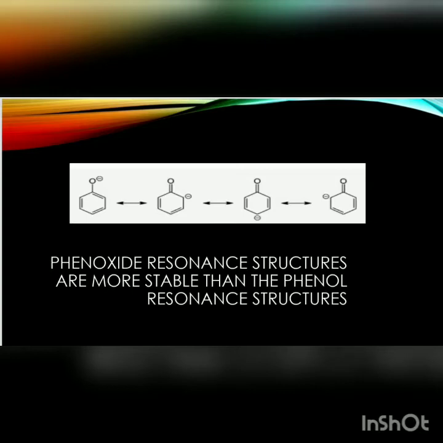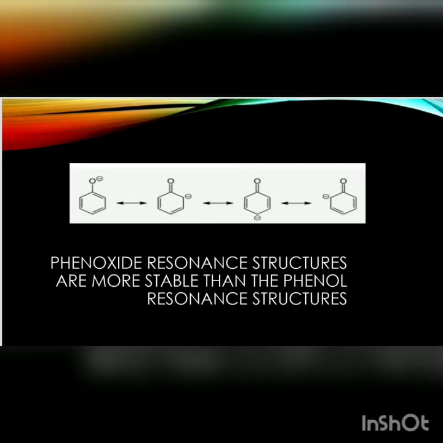That's why phenol is weakly acidic in nature. Phenol loses one H plus ion and forms phenoxide ion, which is stable. This stable phenoxide ion undergoes resonance, so it is resonance stabilized, more stable and less energetic. That's why phenol exhibits acidic nature, and the other alcohols are neutral.